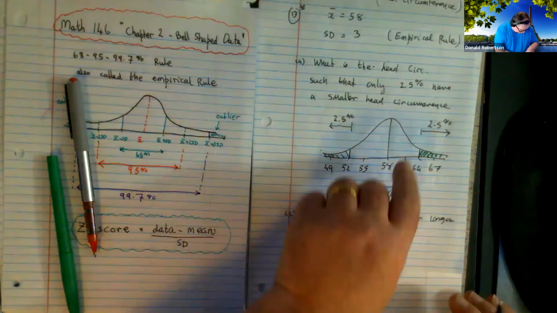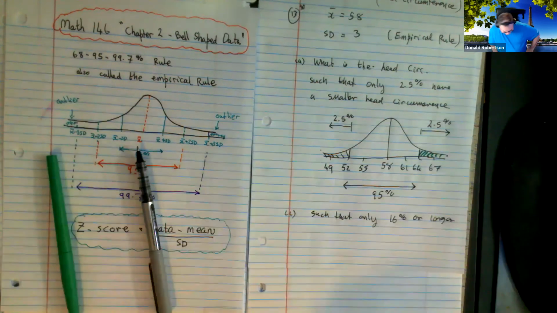So I guess I could probably do it in this diagram, but it's getting a little bit messy, but I'll try. 16%. Any ideas how that's going to work?